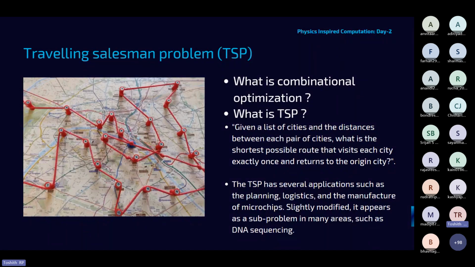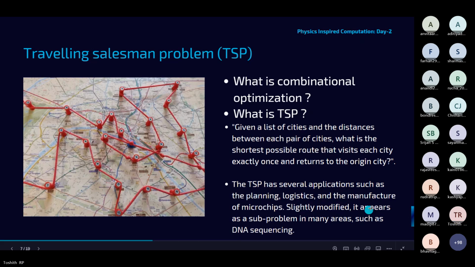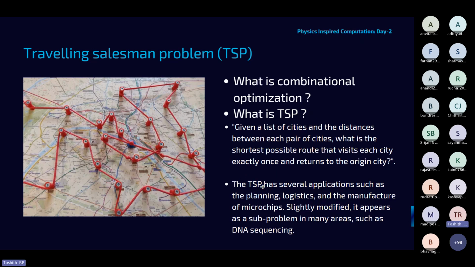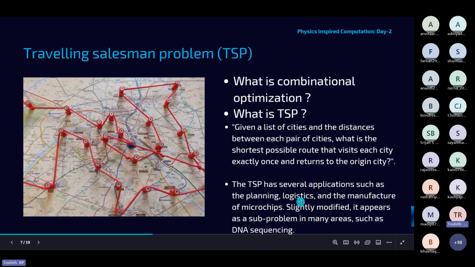This means that if I'm going from city A to city B, the time it takes is the same as the time it takes to go from city B to city A, and the distances are the same both ways. The traveling salesman problem has several applications, such as in planning, logistics, and the manufacturing of microchips. Slightly modified, it appears as a sub-problem in many areas, such as DNA sequencing.